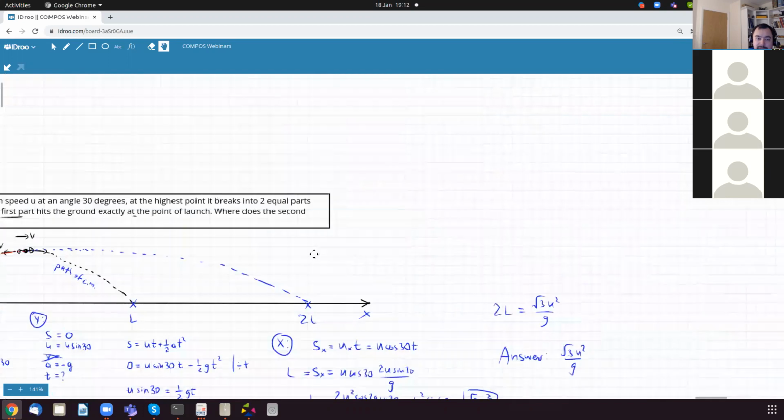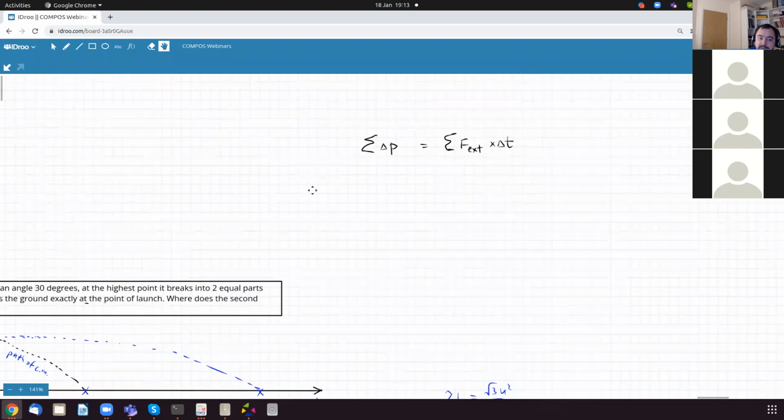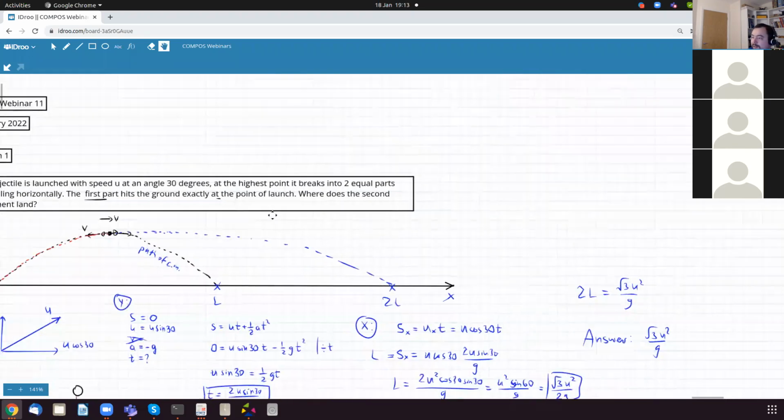So the total change in momentum is equal to the total external force multiplied by delta t. And the center of mass acts like this.